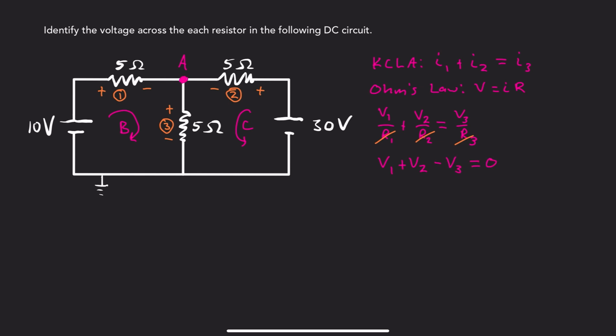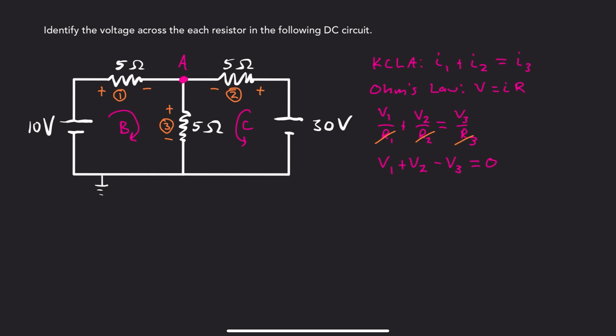I wrote it that way with the voltage terms on one side purposefully because later on it will help us understand how to set up a matrix equation to simultaneously solve this system of equations rather easily and simply.